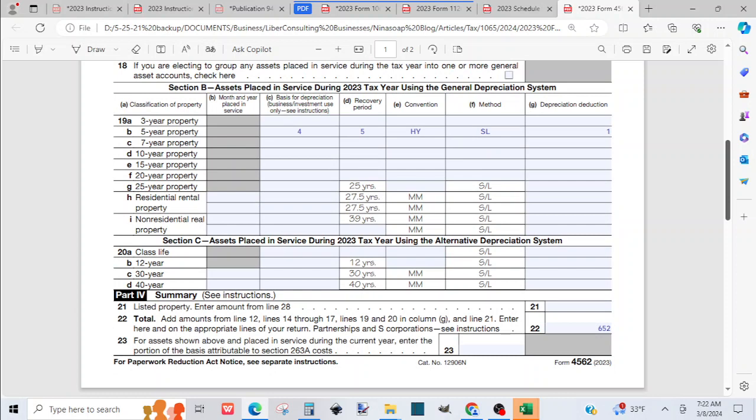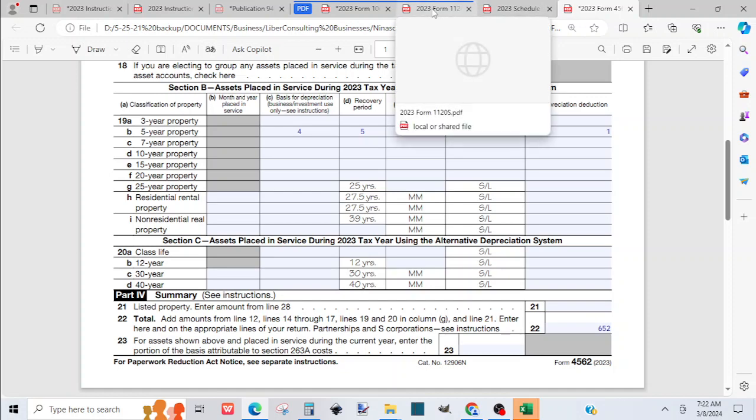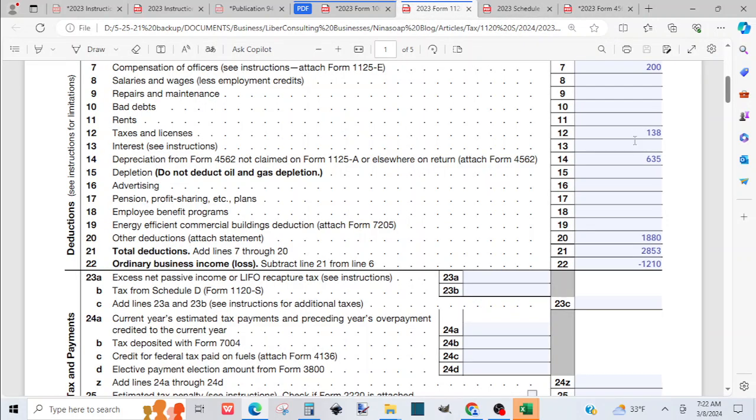So now the depreciation, 652, line 22, the depreciation amount. If you are filing Form 1120S, it will go on line 14, if you didn't put any in on Form 1125-A.